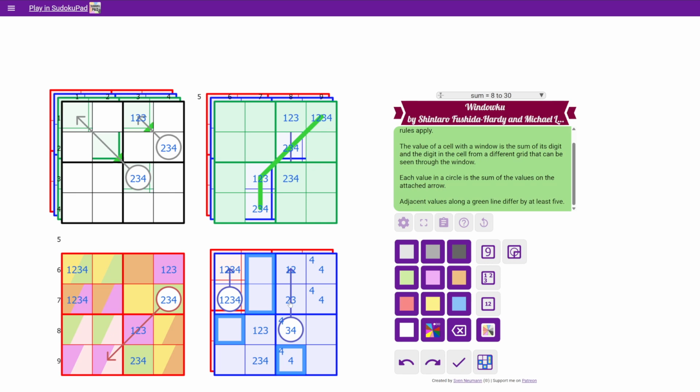This would be 2. Then that would have to be 4. If this is 2, that has to be 4. Oh, if this is 3, that has to be 4 as well. Oh, no, it could be 3 again. That would be 6.